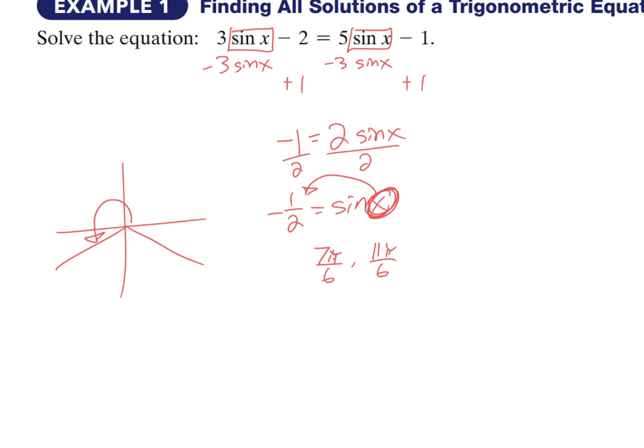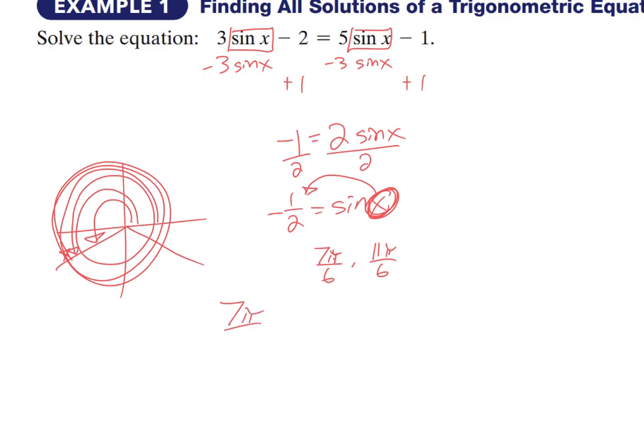This is 7 pi/6, but we have to account for going around the circle once. We have to account for going around the circle twice, 3 times, and so on. So here is what we do. The answer is 7 pi/6 plus 2n pi, where n is any integer we choose.